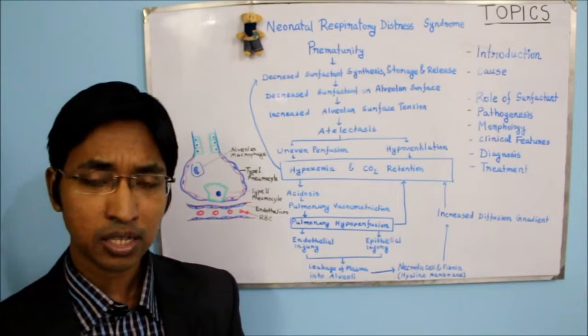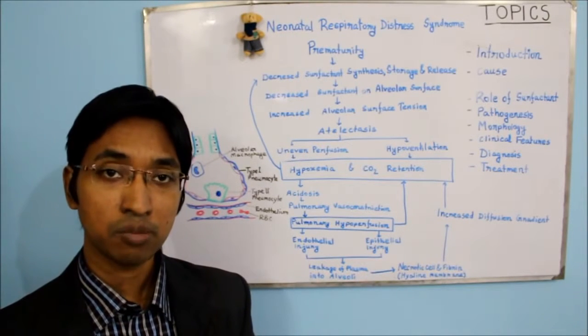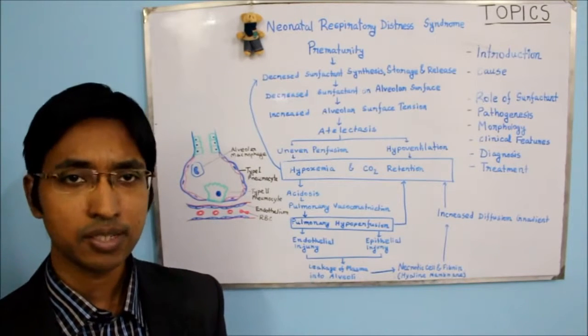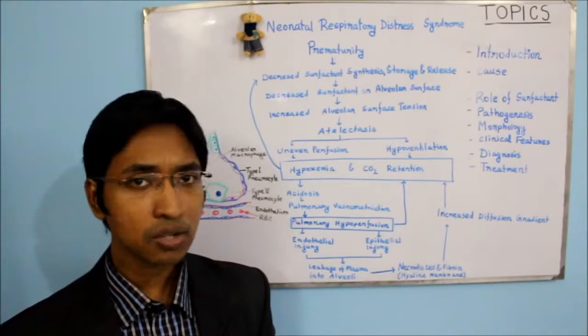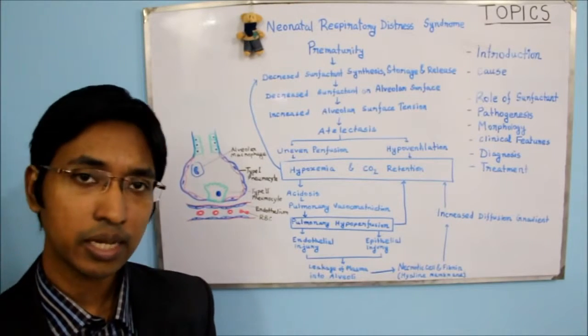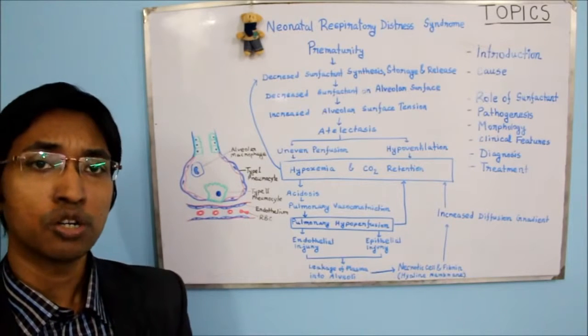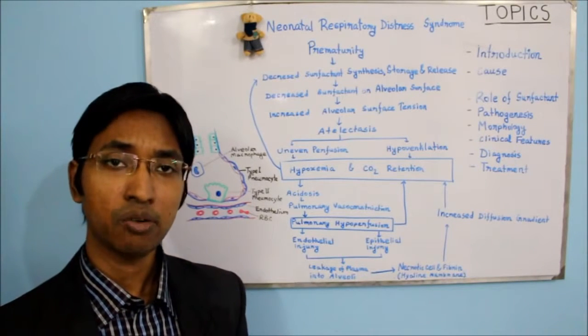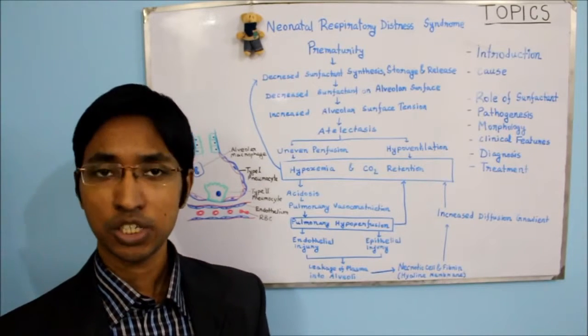Now after that, under normal condition, when there is a sufficient amount of surfactant present in the lung alveoli, the lungs will not collapse at the end of expiration, and as a matter of fact, up to 40% residual air volume will be retained at the end of expiration.